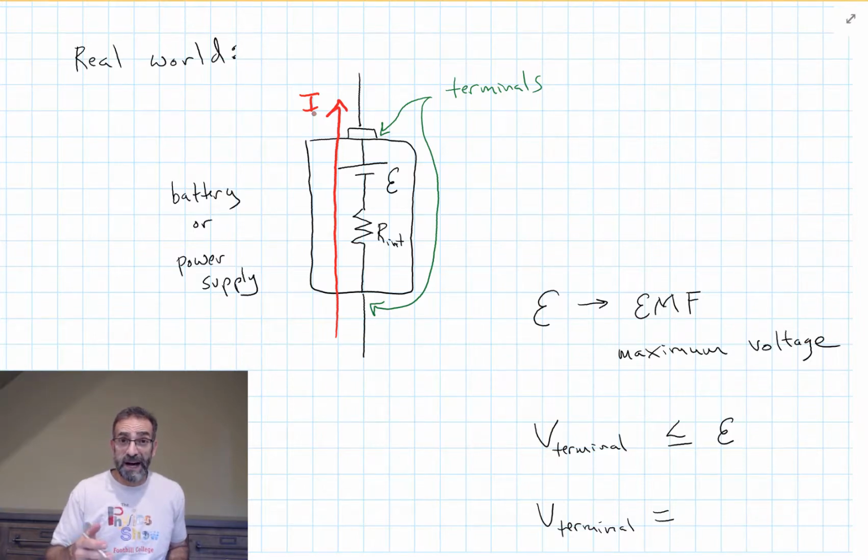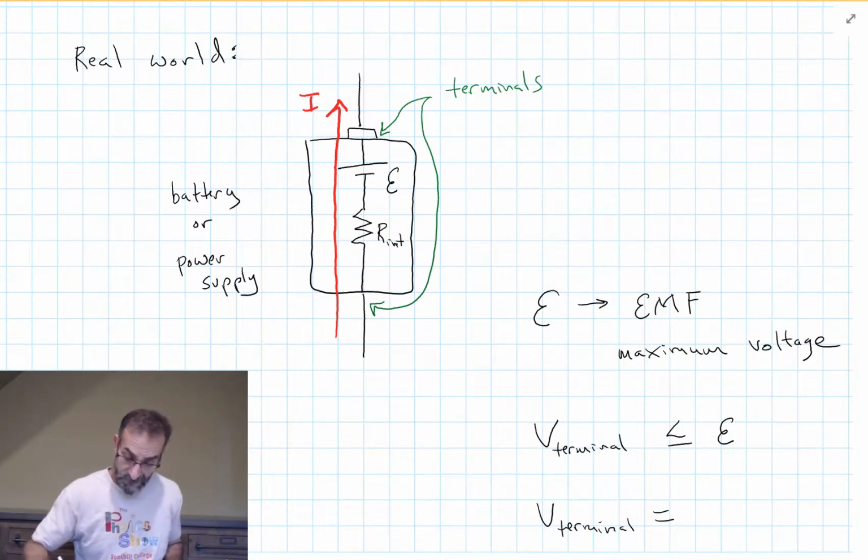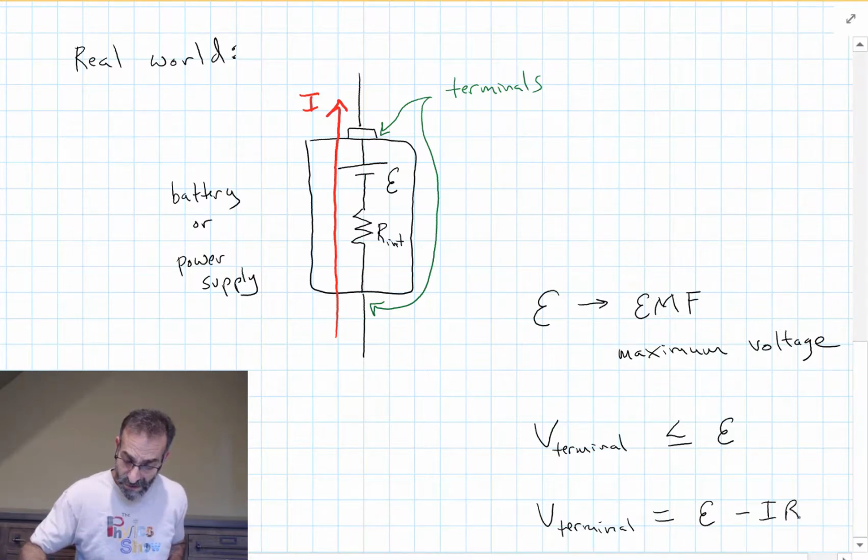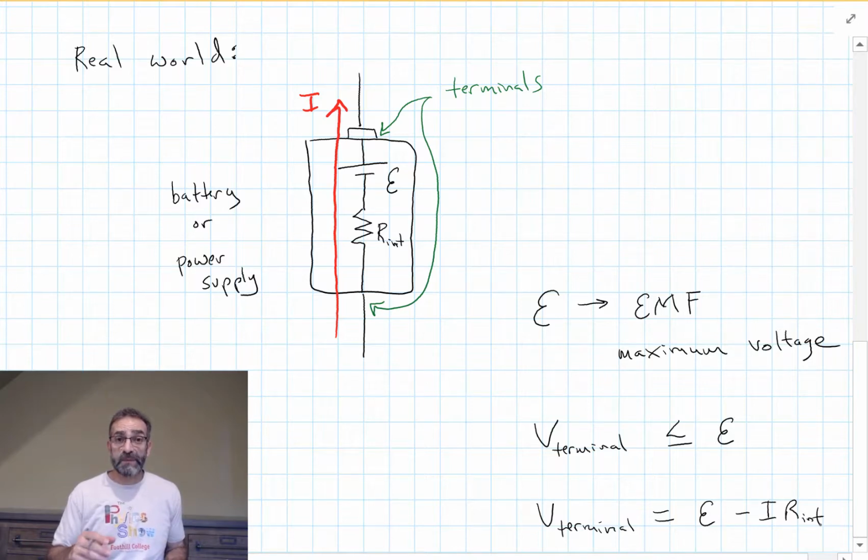We drop by IR, and then we have a potential gain through the EMF source, and then we come out the top terminal of the battery. So we rise by the EMF of the battery, but we drop by I times R, where R is the internal resistance of the battery.